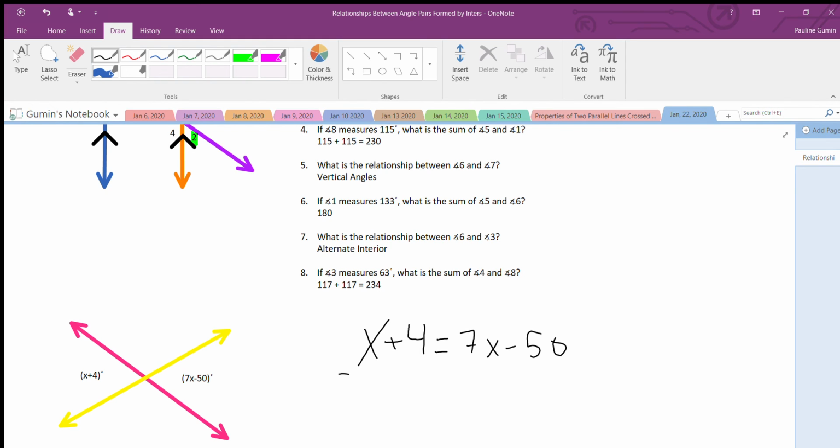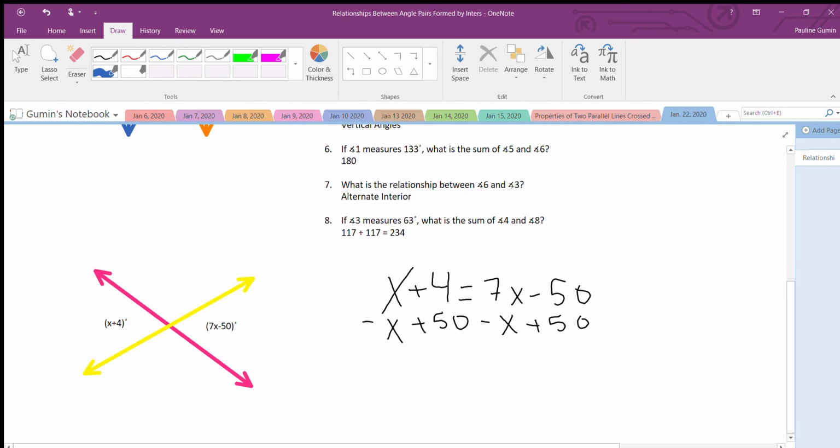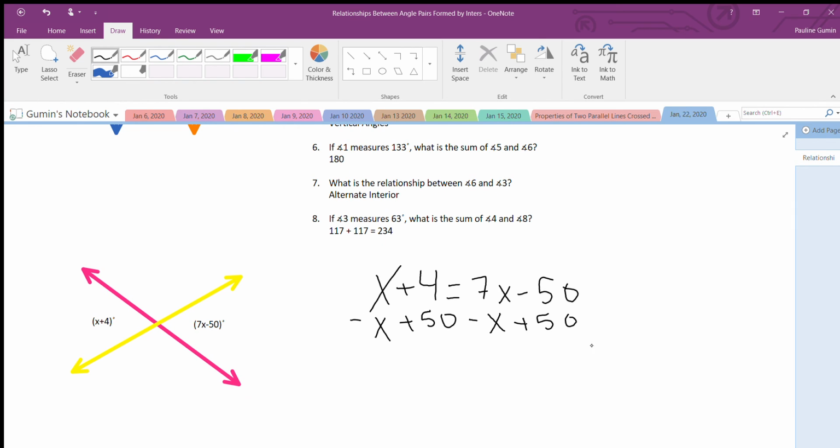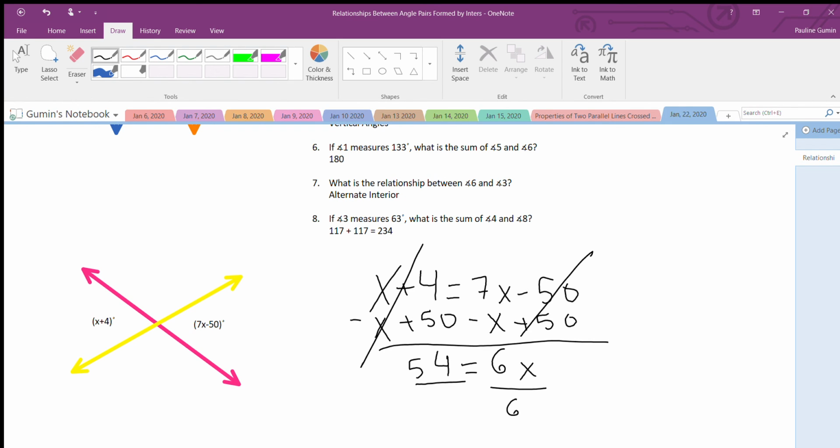I'm going to subtract x from both sides, and simultaneously I'm going to add 50. I'll just make our work a little faster. On this side, our x's cancel. 50 plus 4 is 54. 7x's minus 1x gives us 6x's, and our 50's cancel. I find x by dividing by 6.